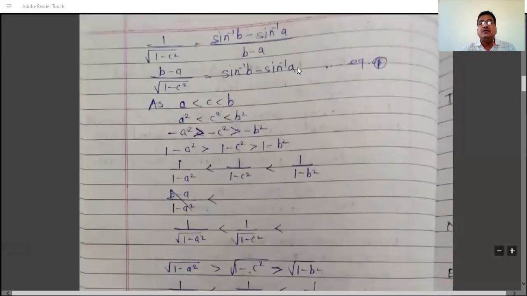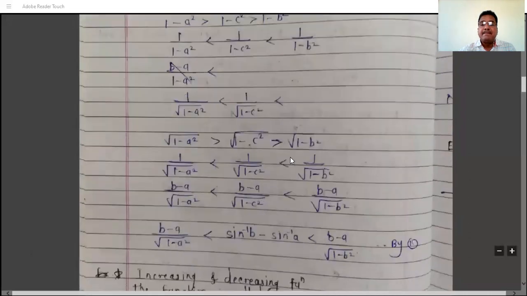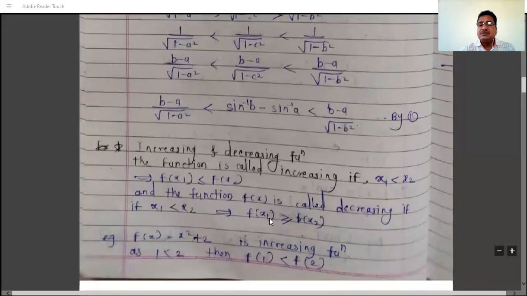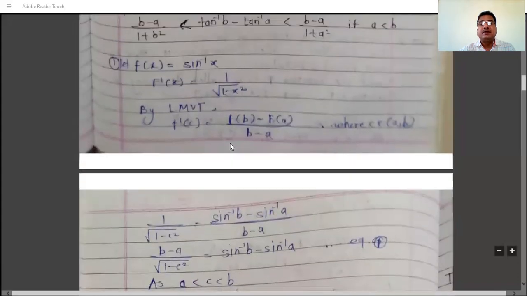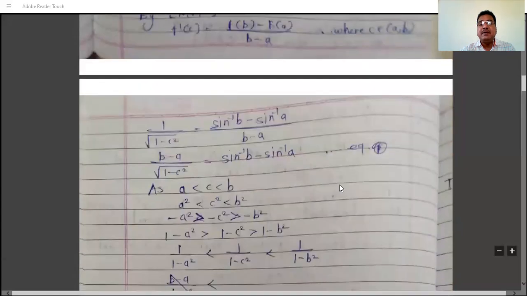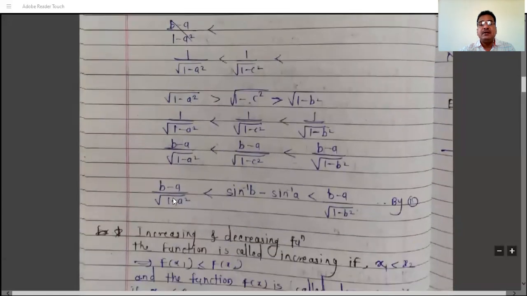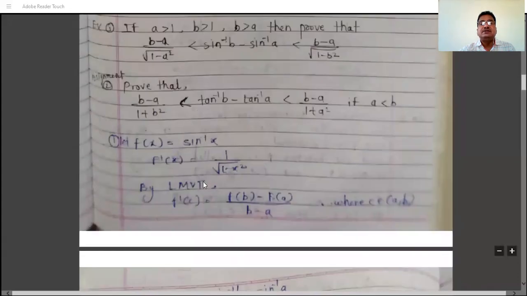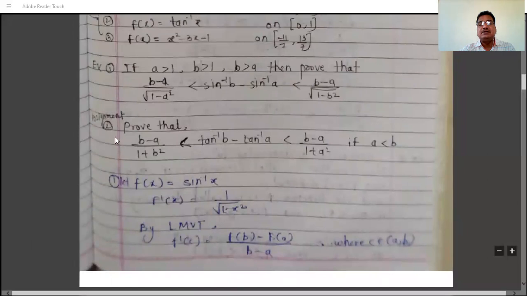This value is sin inverse b minus sin inverse a. And then we have this. That is, you have to prove sin inverse b minus sin inverse a is less than b minus a by root 1 minus b square, greater than b minus a divided by root 1 minus a square. So by using the same method, we solve this example number 2.